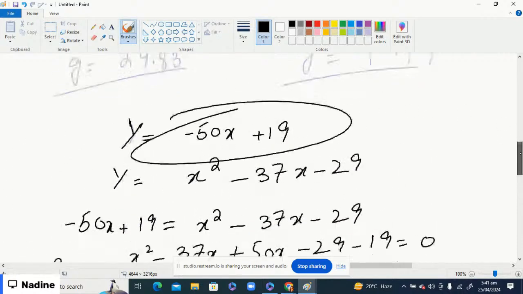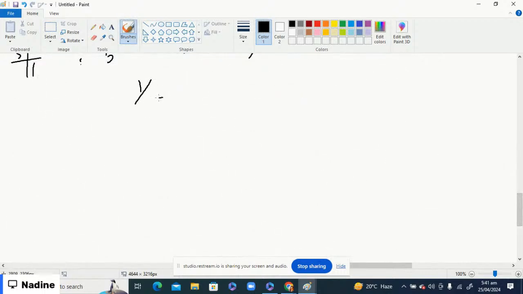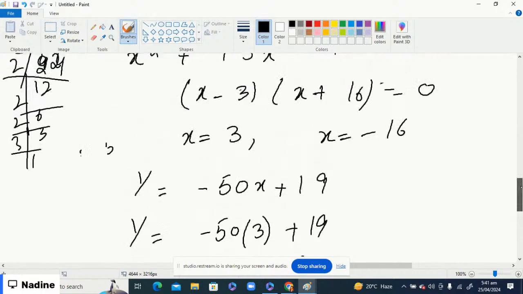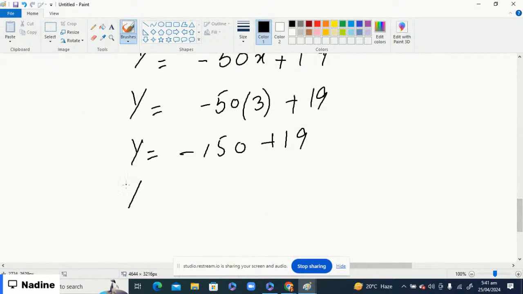So y is equal to minus 50x plus 19. Minus 50 into 3 plus 19, minus 150 plus 19, because first we put 3, gives minus 131. This is the answer of the first one.